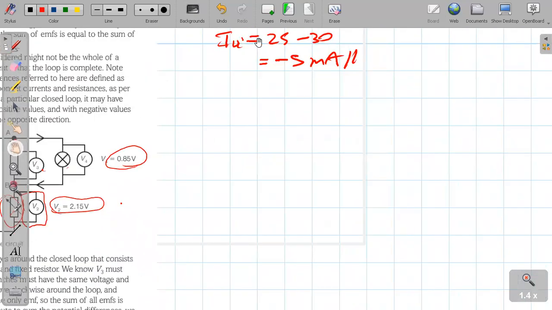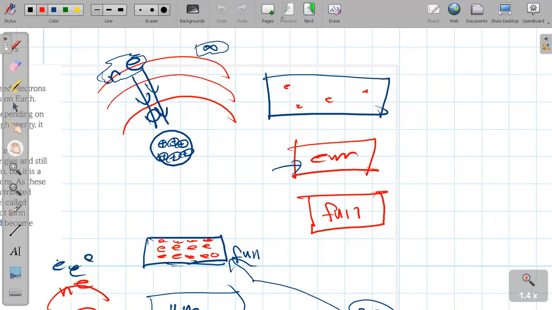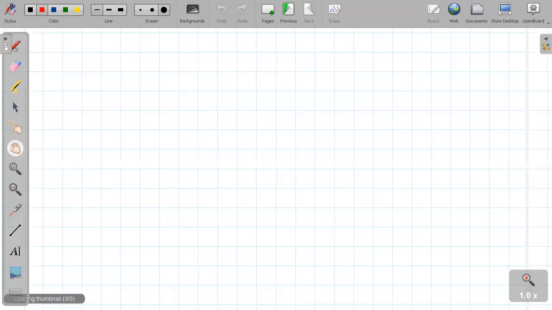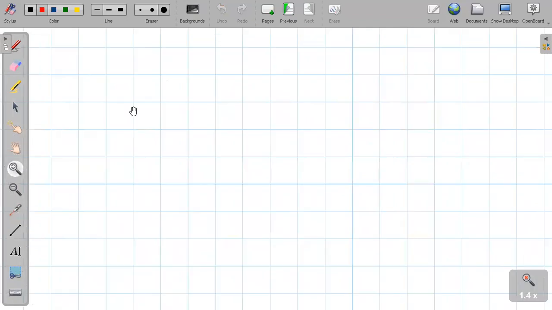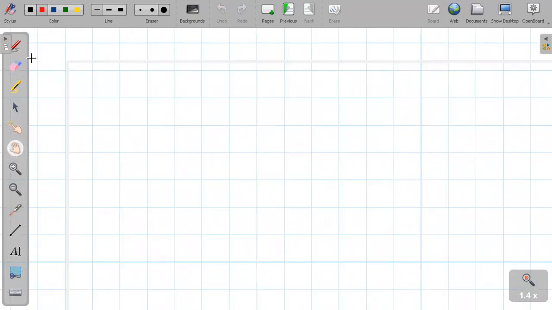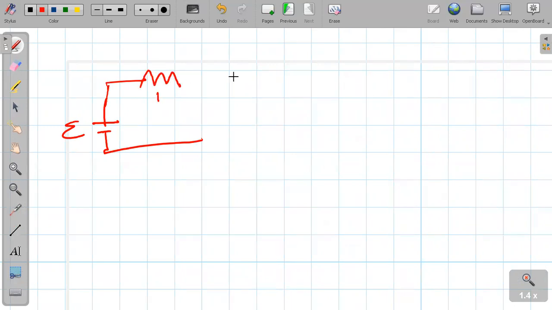So the current rule and the potential rule, the voltage rule. Let me explain the voltage rule. This is the only supply EMF, and there is an R1 resistor and another one, R2 resistor.